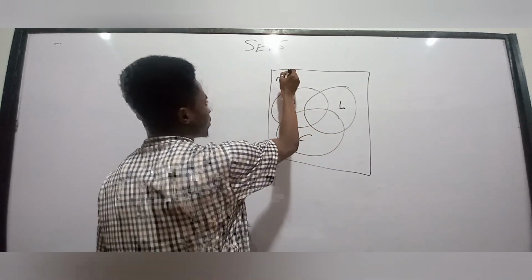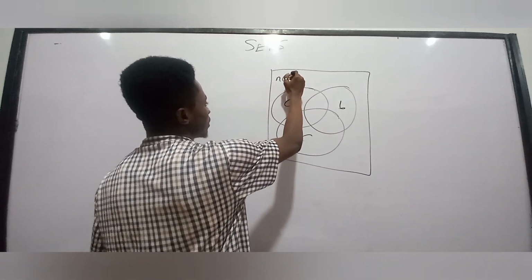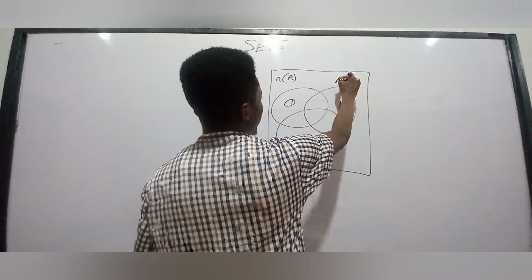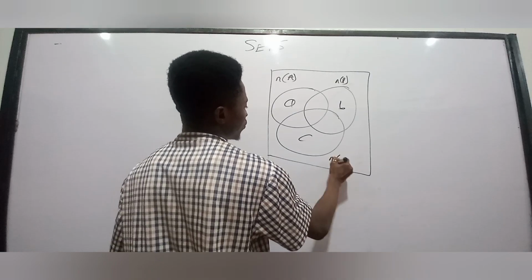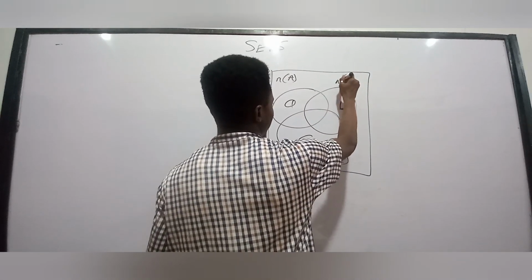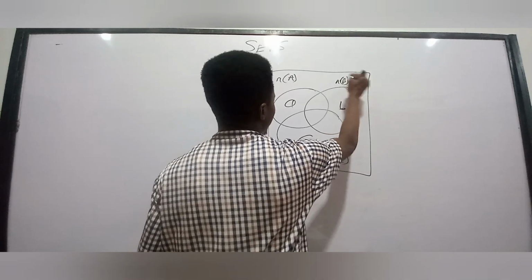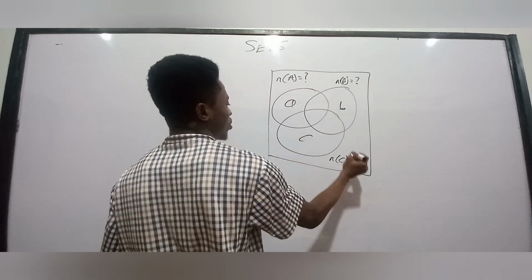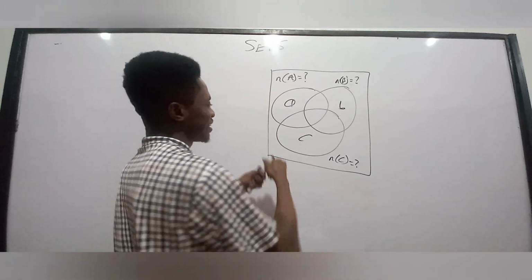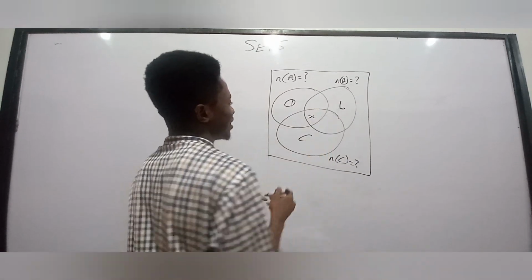When I'm done, I'll explain what I'm doing. So let's say A, number of and number of C, capital. We don't know. And let's say X study the 3 subjects.